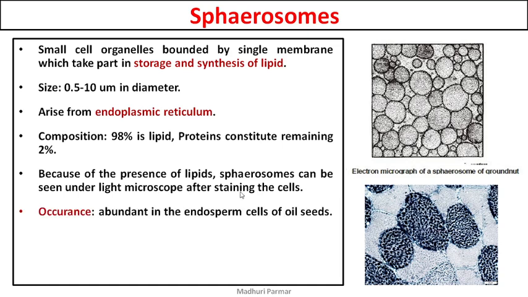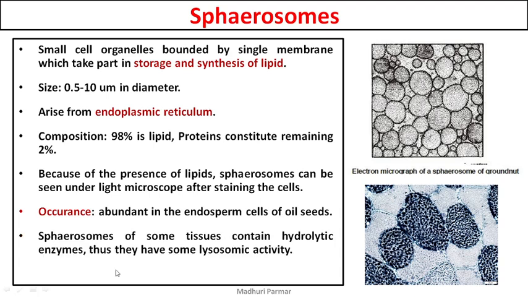It is abundant in the endosperm of oil seeds. Oil seeds are the seeds which you use to extract oil, like groundnut. Spherosomes of some tissue contain hydrolytic enzymes, thus they have some lysosomic activity. They are a little bit like lysosomes in some conditions because they have some hydrolytic enzymes. They are also known as oleosomes.